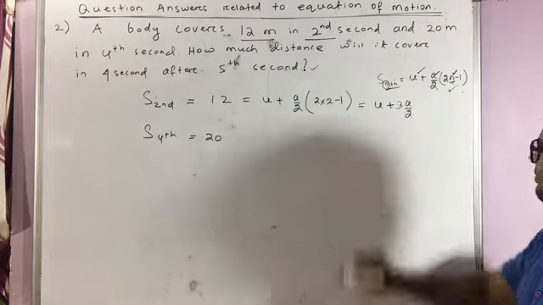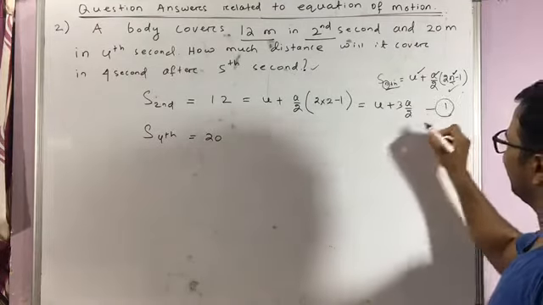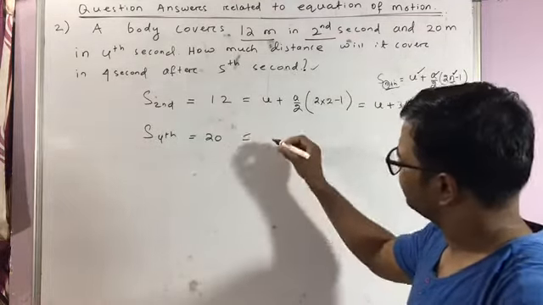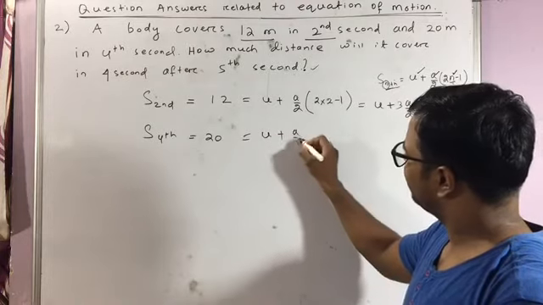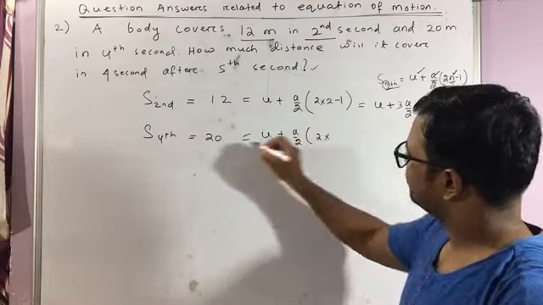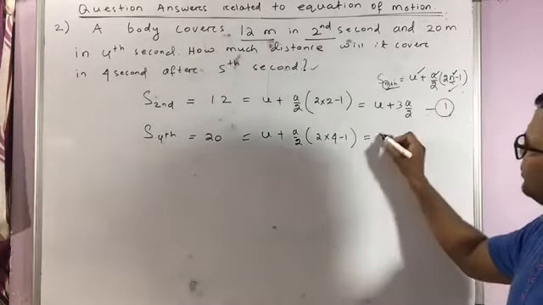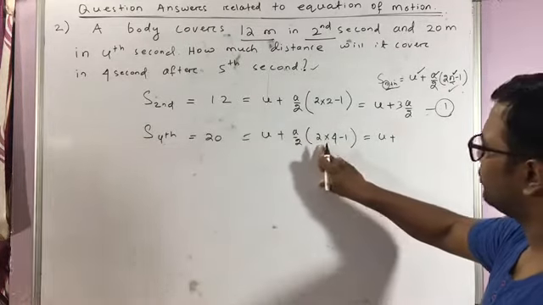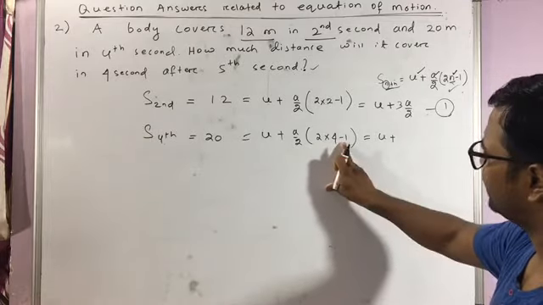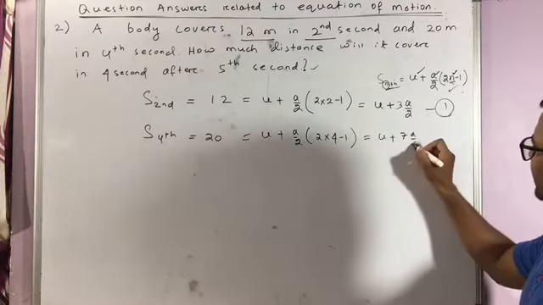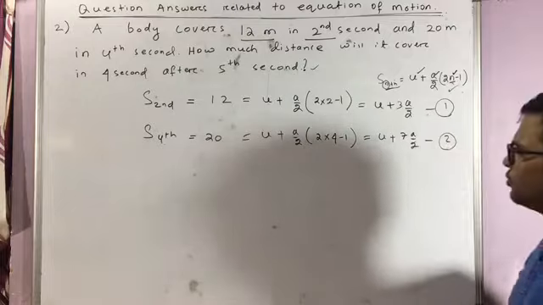So it would be 3a by 2, equation number 1. In the same similar way, u plus a by 2 into 2 into 4 minus 1, 8 minus 1, 7. So which is 7a by 2, which is equation number 2.